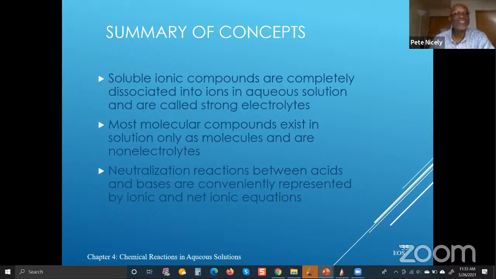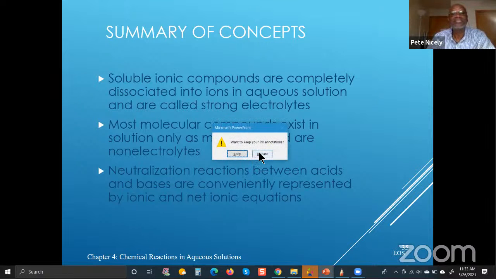We actually are making good progress as far as these chapters are concerned.